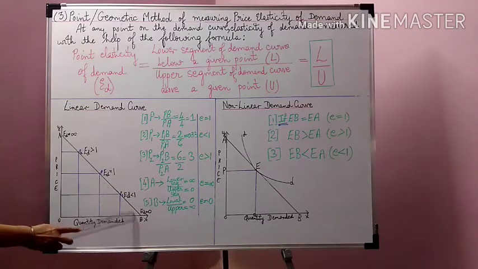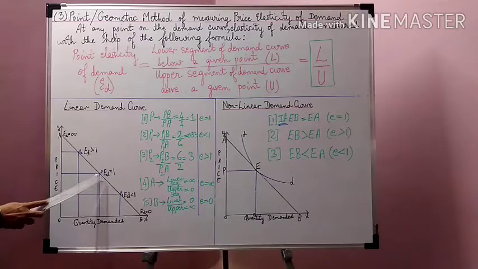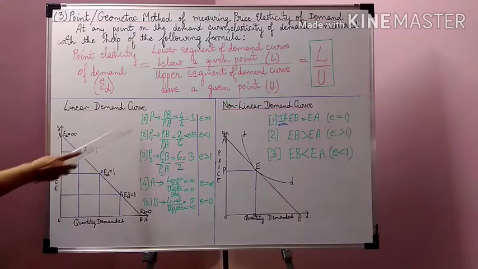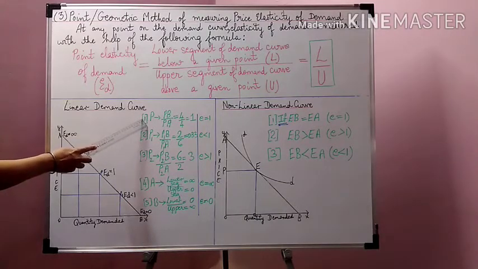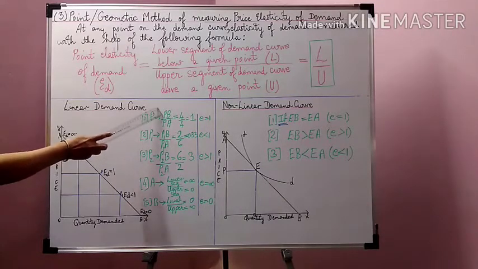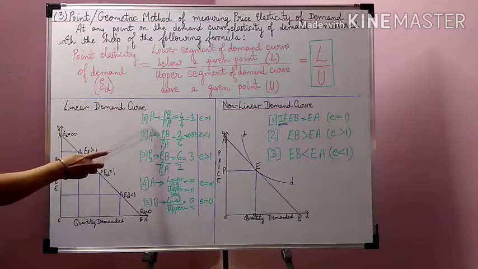PB is the lower segment upon PA, upper segment. So at point P, elasticity of demand is equal to PB upon PA.